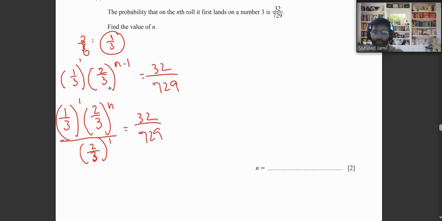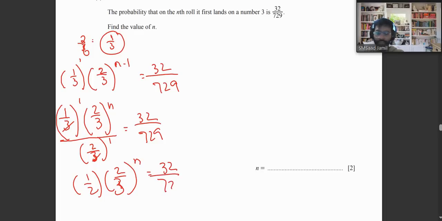So this 3 and 3 got cancelled out, and what remains is 1 upon 2 multiplied by 2 upon 3 raised to power n is equal to 32 upon 729.